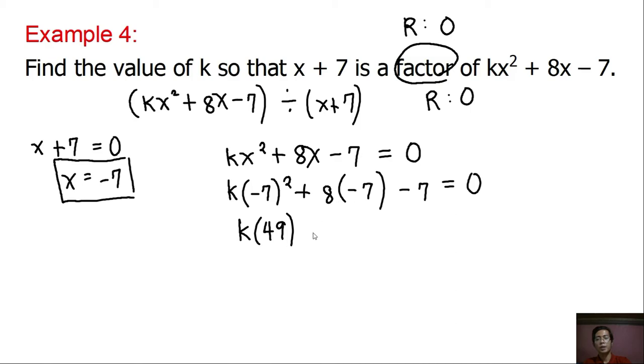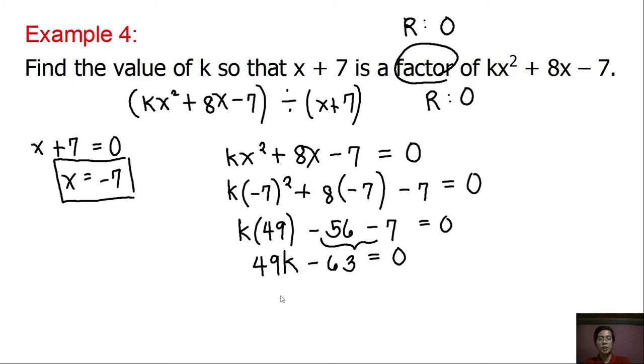So 8 times negative 7 is negative 56 minus 7 is equal to 0. 49, k times 49 is 49k. So, ito magiging 49k. Ito, pwede na itong isubtract. Negative 56 minus 7 is negative. Okay, that's equal to negative 63 is equal to 0. So, solve for k. Lipat natin si negative 63 sa right. Magiging 49k is equal to 63.